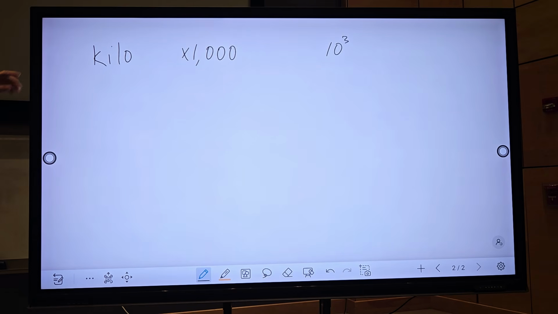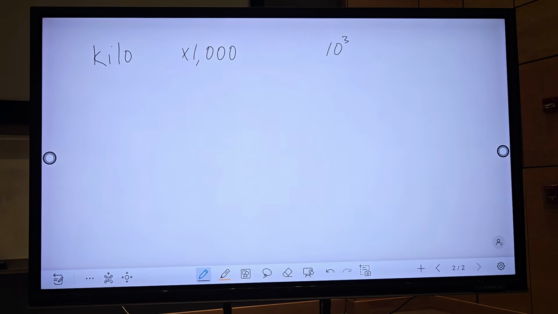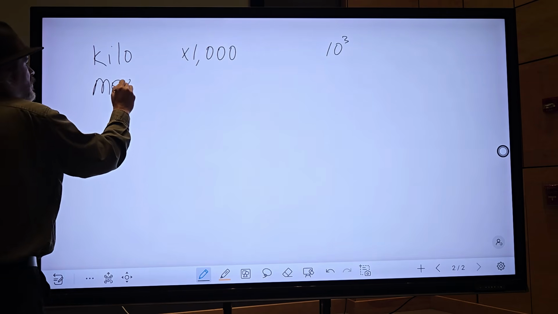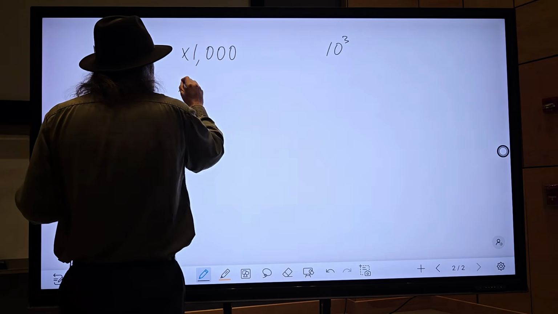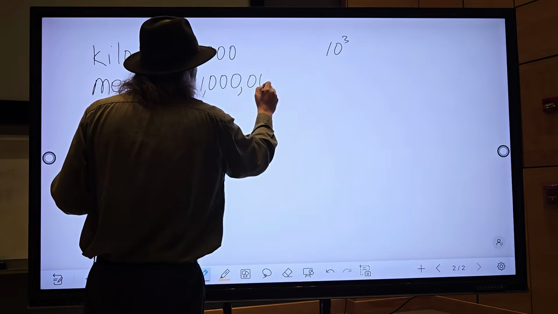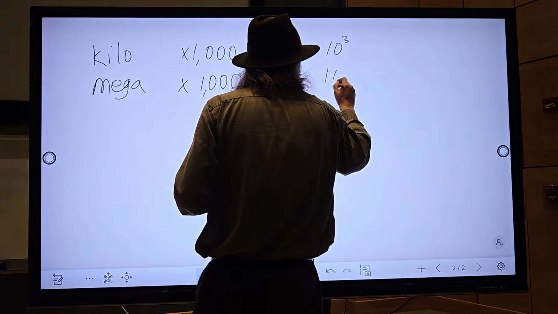So we'll start off with kilo as far as the larger numbers. Then there's mega, which is times 1,000,000, or 10 to the 6th.